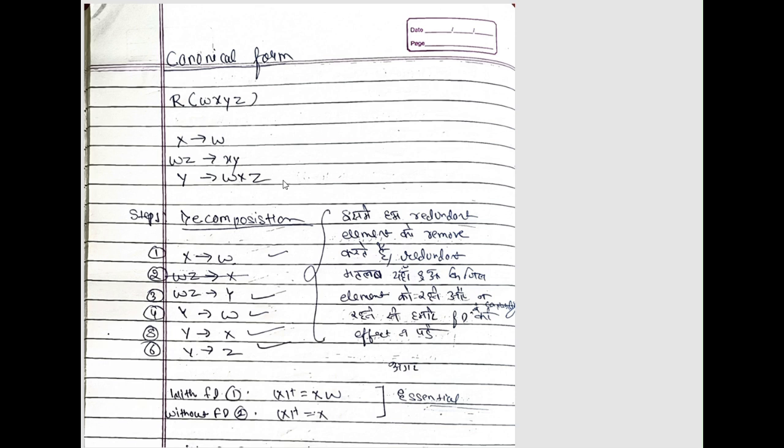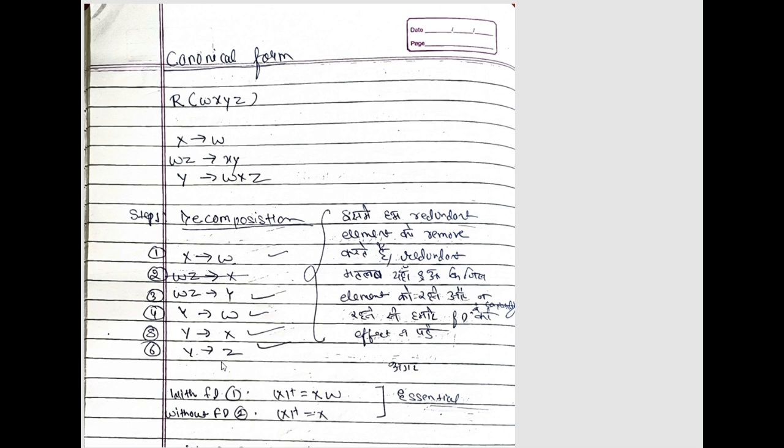We can write WZ derives X and WZ derives Y. This is the approach of writing this functional dependency. Similarly with the Y functional dependency, it derives three attributes, and we can separate them out.